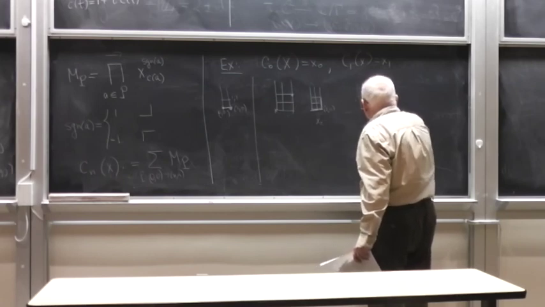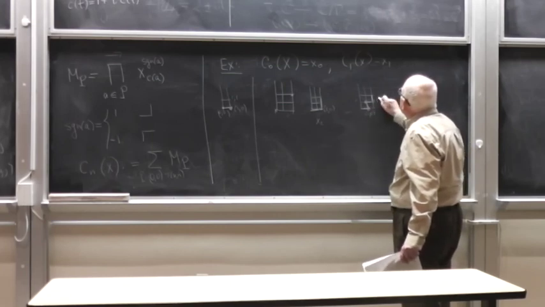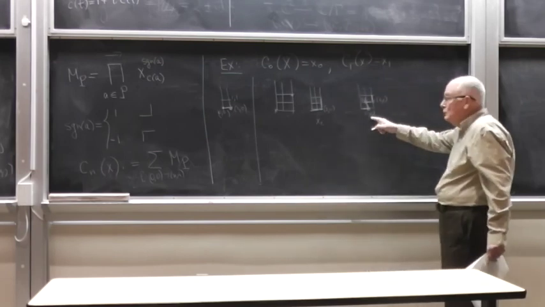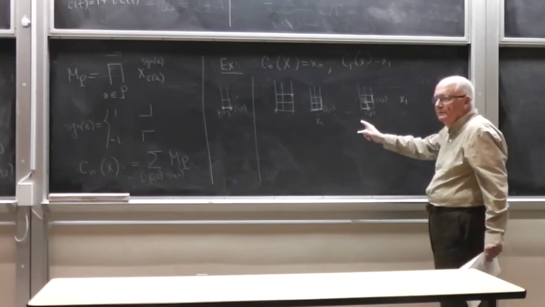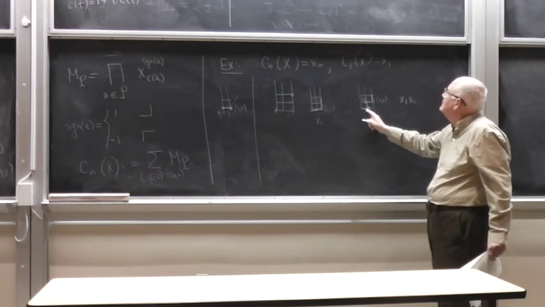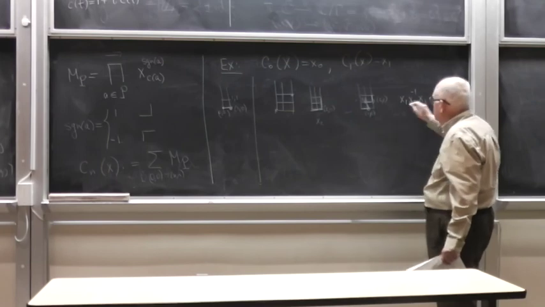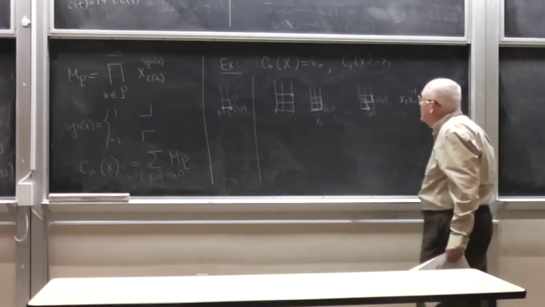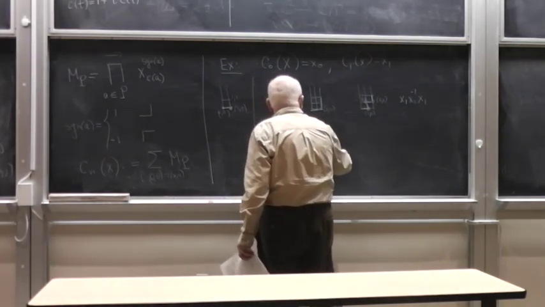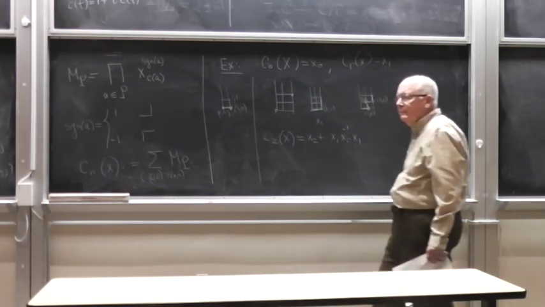So you have 3 angles here: 1, 0, 2, 1, and 1, 1. So 1, 0 is x1. Here, 1 minus 1 is x naught, but the angle looks like this. So that's x naught inverse. The next is 2 minus 1, x1. So C2 of x is x2 plus x1, x naught minus 1, x1.